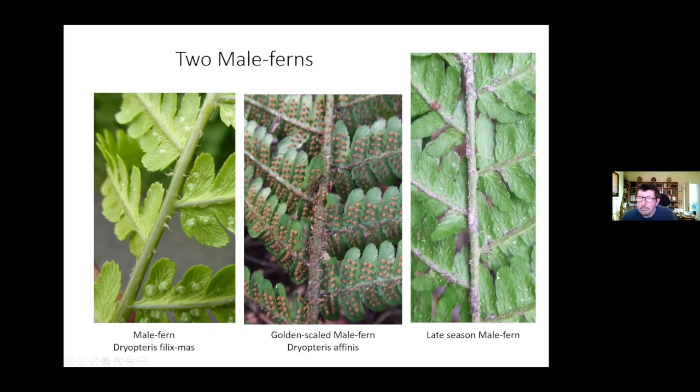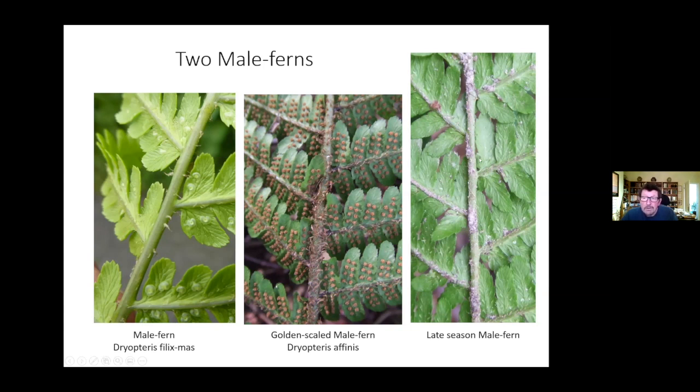But be careful, because late in the season you can get all sorts of things happening. This one's a bit manky. I don't know what's happened to it. It might have been infected with something, or it might have been damaged, but it's starting to develop these little patches, and they can superficially look a bit like a black patch.